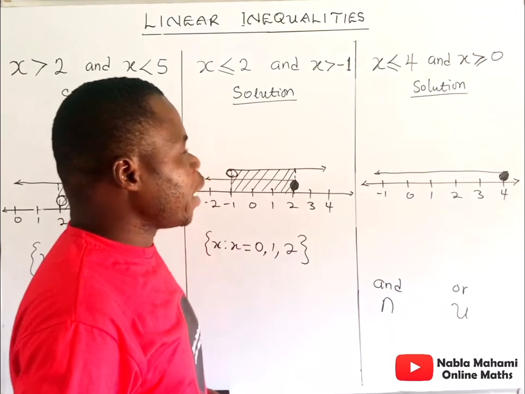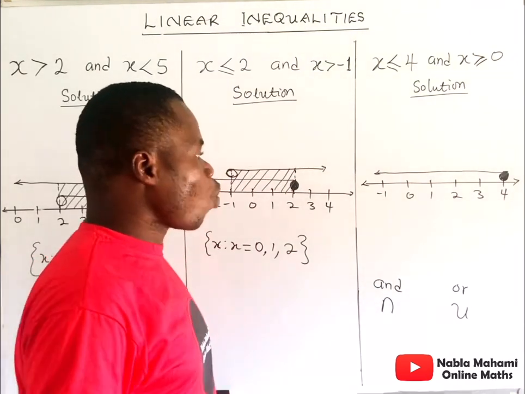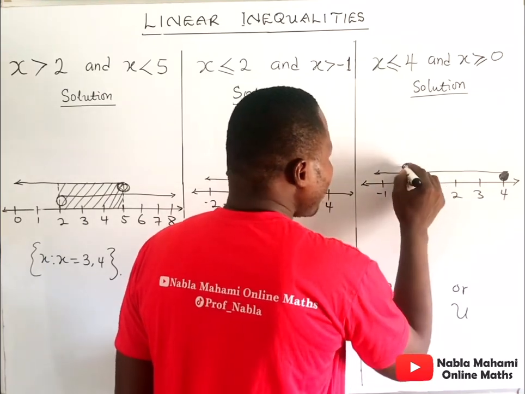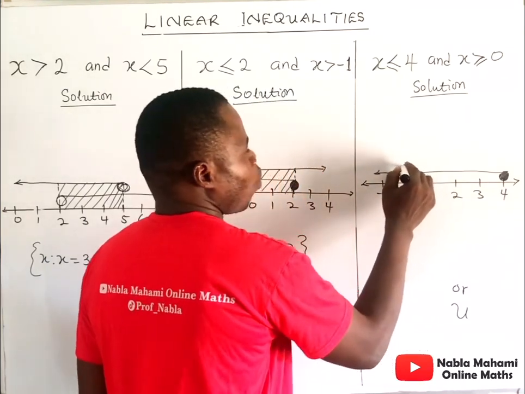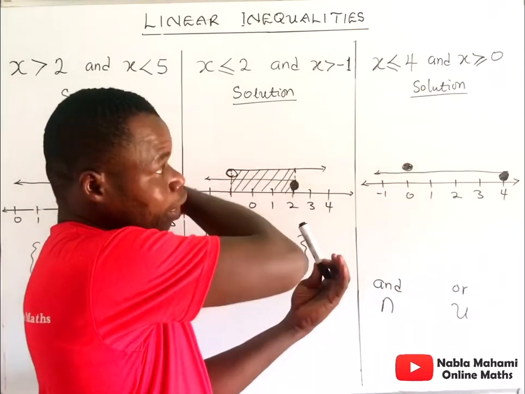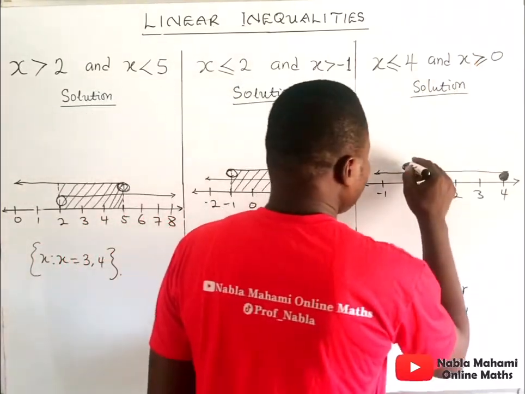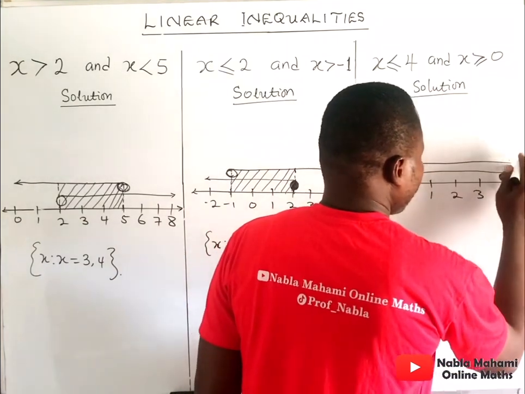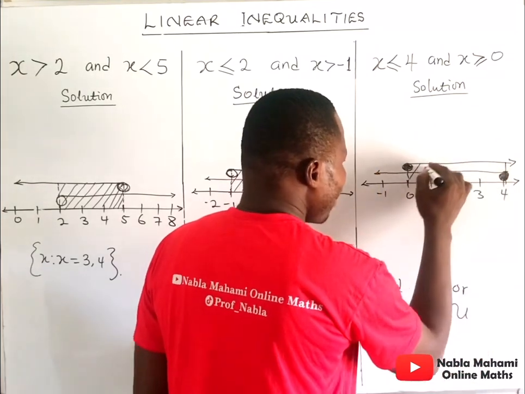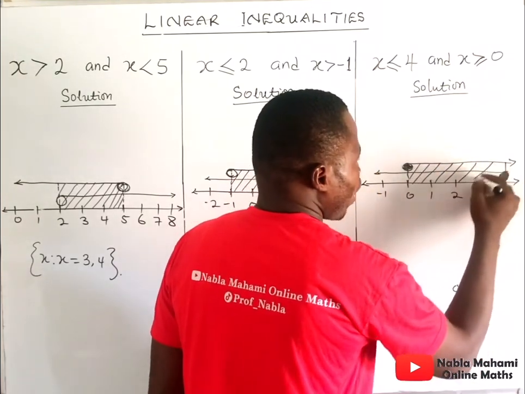The other one is x is greater than or equal to 0. So I'll come where 0 is, draw the other circle, and I'll paint it because that one too is greater than or equal to. Then you see it is facing this side. I mean the sign is facing this side, so the arrow must go to the other direction. So this arrow will go to this direction. Then after that, I will now join it this way and take my solution on this particular portion.